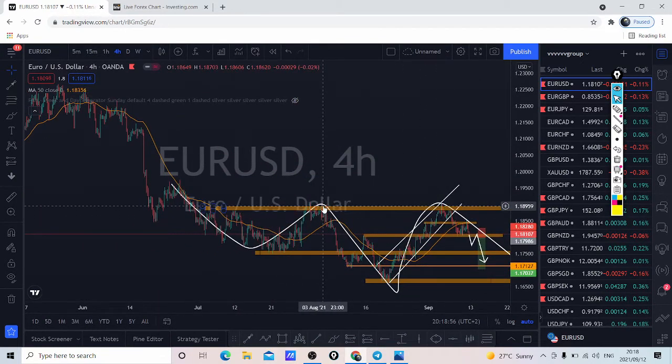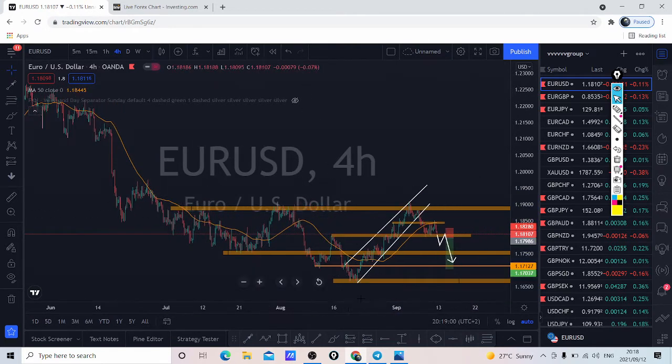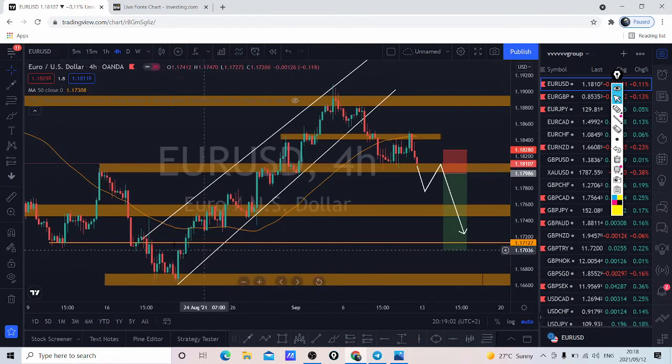Okay, let's delete this. The market has been going up on the H4, buying. But now the market is breaking to the downside. As you can see, the market broke here, made a retest, and then tomorrow I'm expecting a drop, and then a pullback, and then a continuation for a sell.